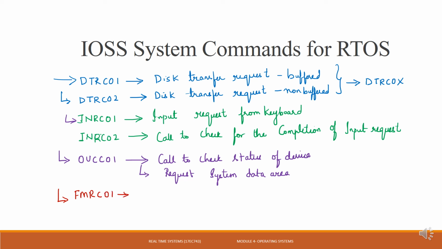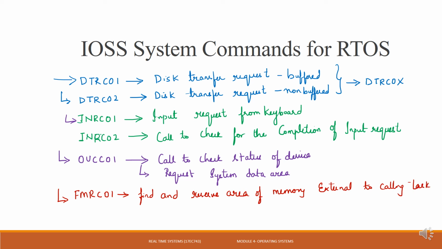We have two more commands that we can discuss, that is FMRC01, that is find and reserve area of memory. Memory for what? For external to the calling task.